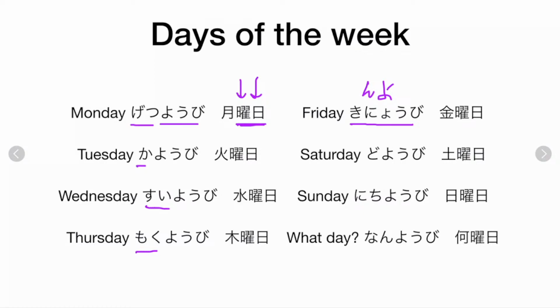Not kinyobi like this, but kinyobi, doyobi, and nichiyobi. And if you wanted to ask what day, nan yobi. So yobi is day of the week because it is week plus day, right? Week, day. And you have nan or nani as your question word, what.